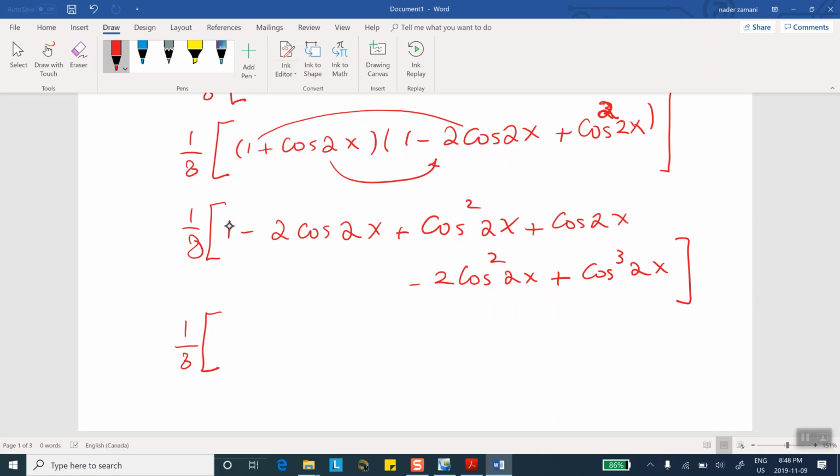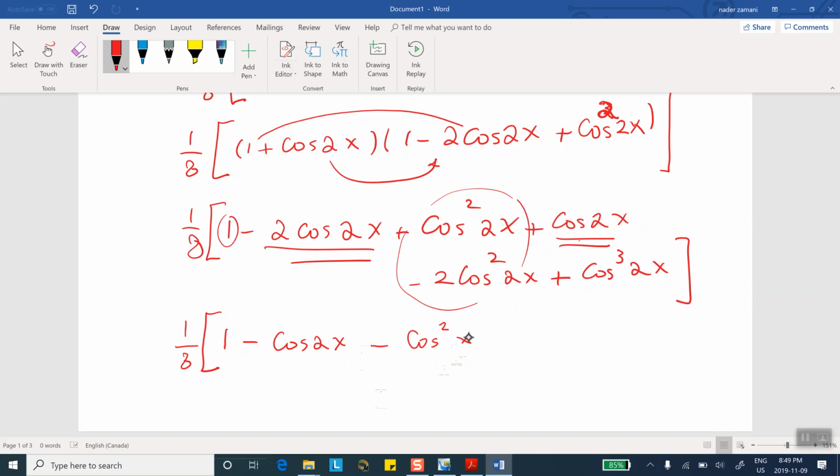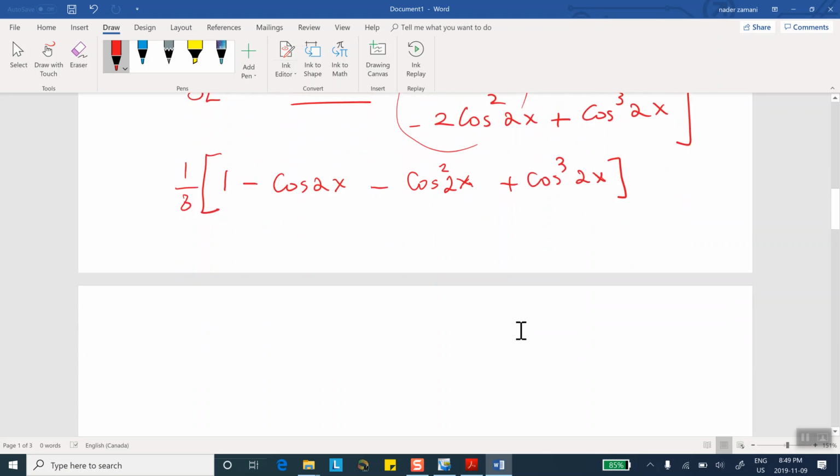So this one stays, and these two are going to give you minus cosine of 2x, and these two are going to give you minus cosine squared 2x, correct? Are we good? Okay, 2x, not x. Cosine squared 2x. Now this is going to stay, and I'm hoping that we can do something about it. It's not quite obvious right now, but let's find out.